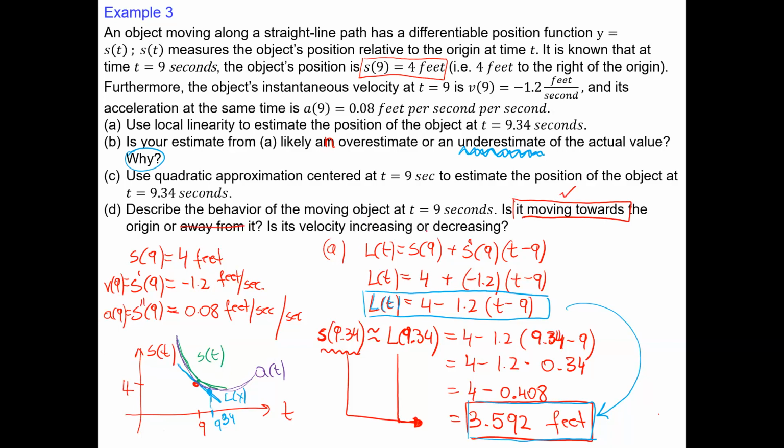And is its velocity increasing or decreasing? We know that if the rate of change of a function is increasing, then its derivative is positive. That means the derivative of the first derivative, which is the second, is positive. Then the velocity is definitely increasing, because this is positive.